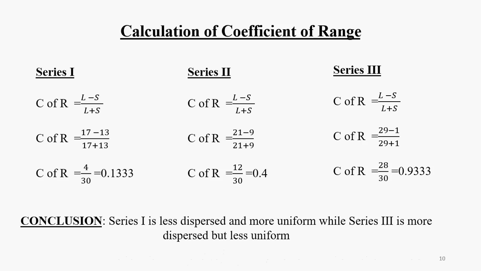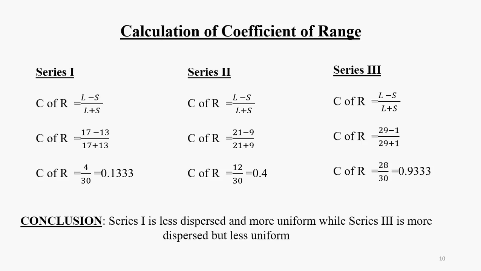And finally, by comparing all these three, you can see here series 1 is less dispersed and more uniform, while series 3 is more dispersed but less uniform. This is the conclusion you need to write by comparing all the three, right? So series 1 is more uniform.